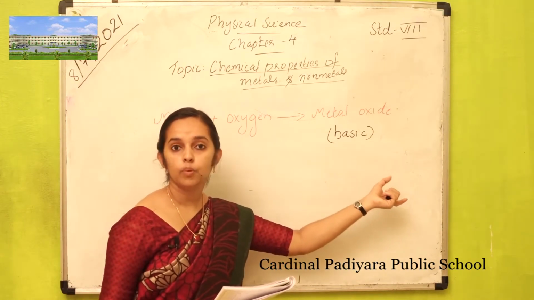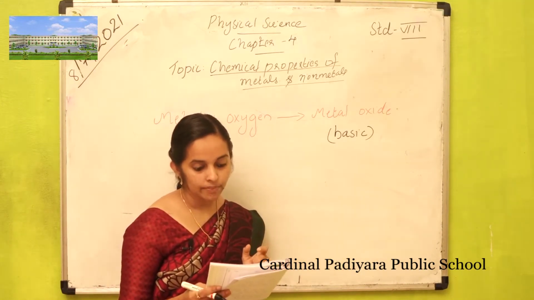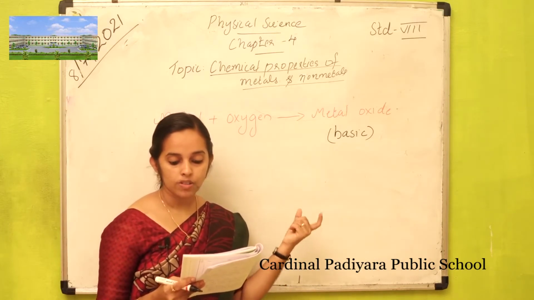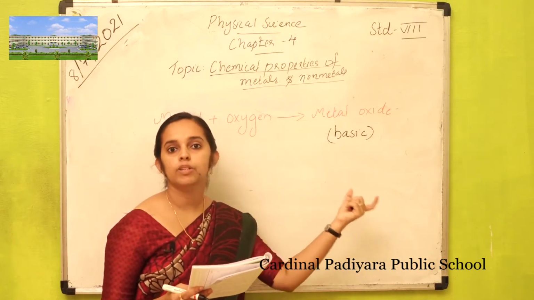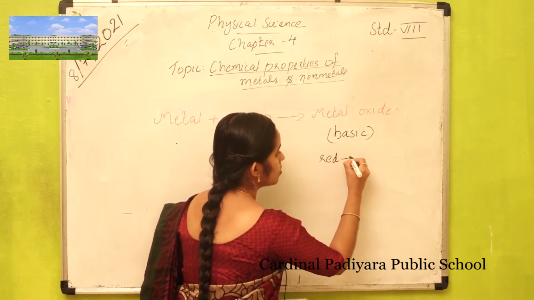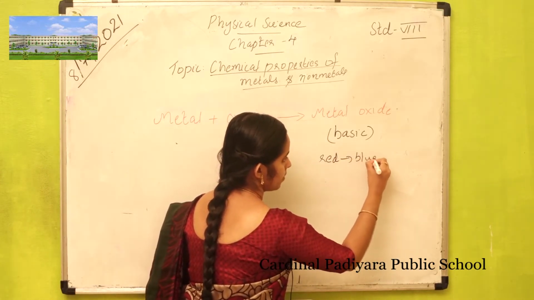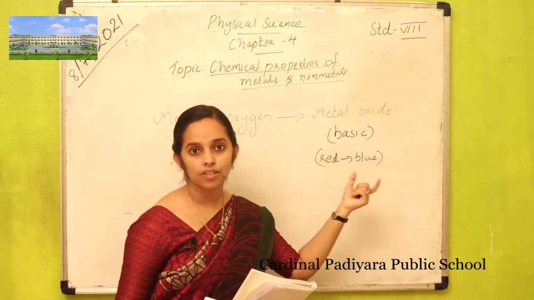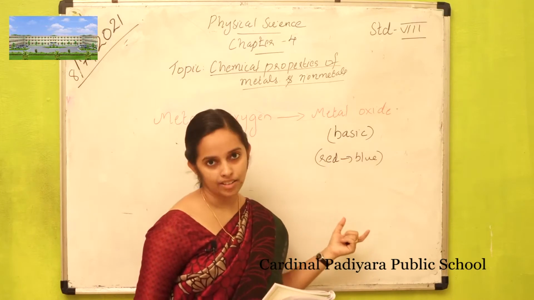A blue color, which means metal oxides are basic in nature. Metal oxides can change red litmus to blue litmus. So we can say that metal oxides are basic oxides or basic in nature.